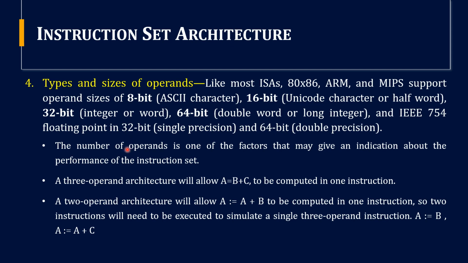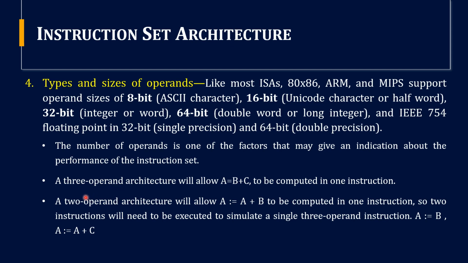The number of operands is one of the factors that may give an indication about the performance of the instruction set. If we have three operands in an instruction, then it is called a three operand architecture. A three operand architecture will allow A = B + C to be computed in one instruction, because in a single instruction itself it supports three operands.